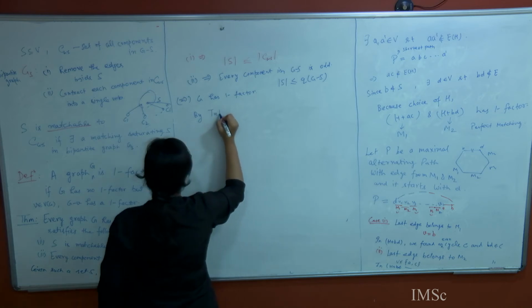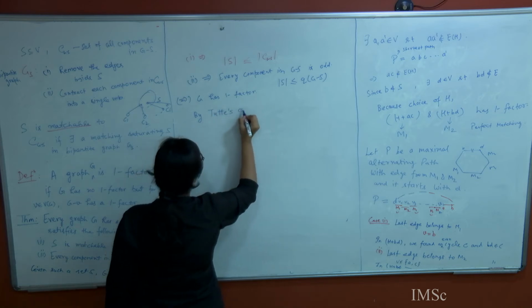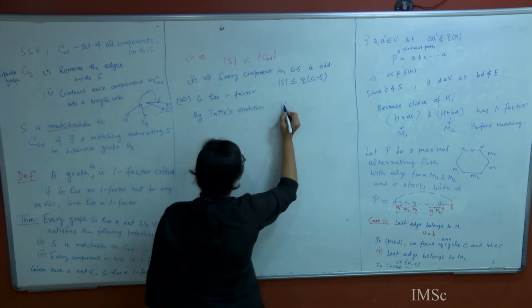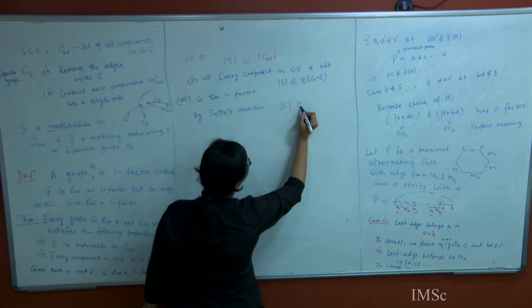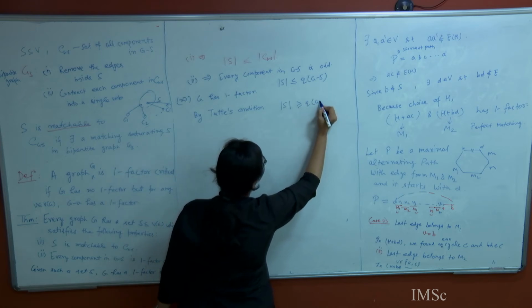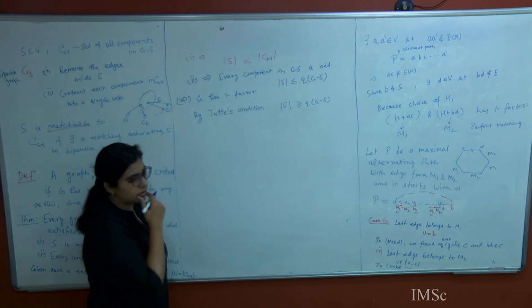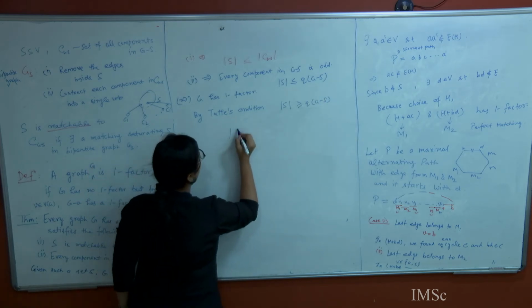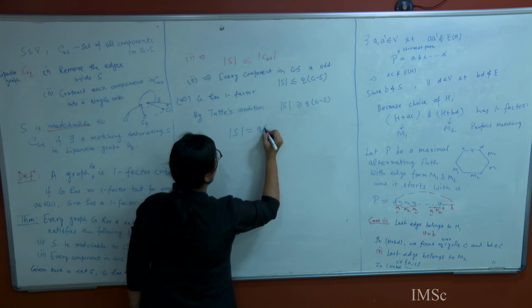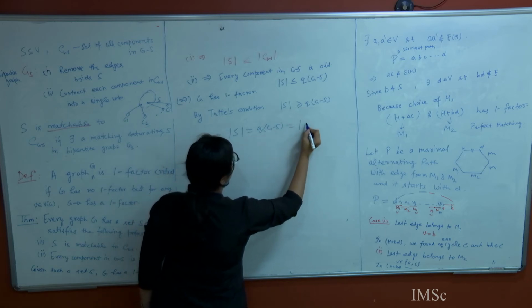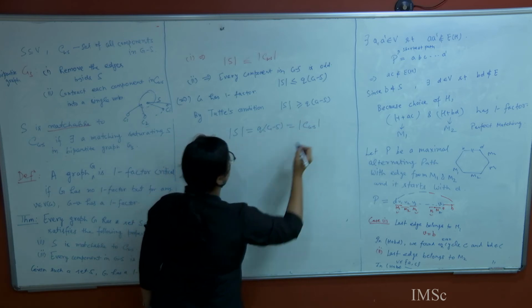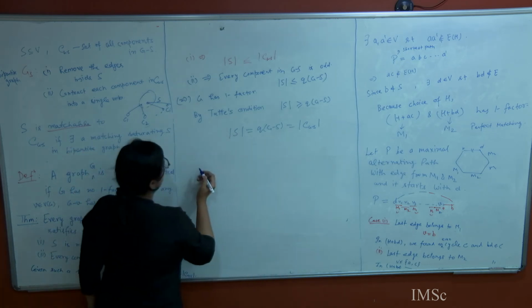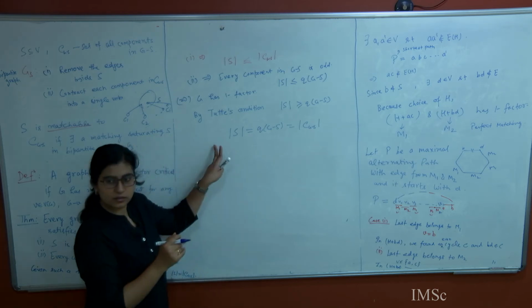So, by Tutte's condition for this set S, the cardinality of S is at least q(G − S). Given these two, what we got is that the cardinality of S equals q(G − S), which is the same as the cardinality of C(G − S). Done? Is it okay?